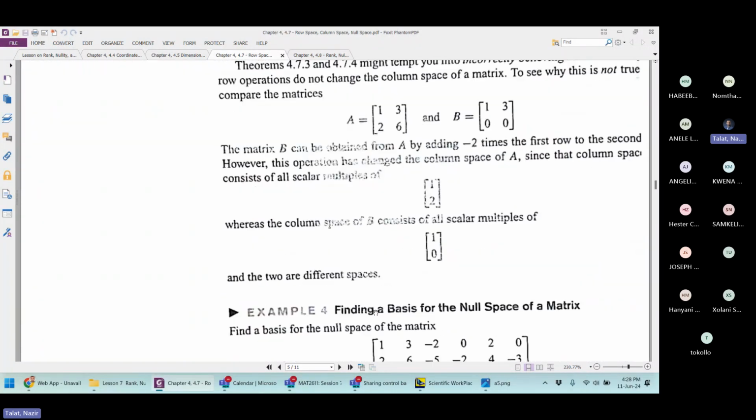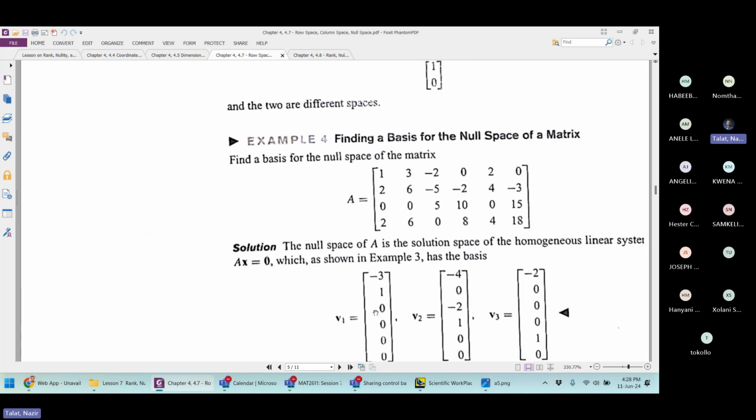And then one can find the basis for a null space. We know that null space is a solution of a homogeneous system. The null space is actually the subspace which is the solution space of a homogeneous system. And this is always a vector space, and the solution of a homogeneous system is called null space.